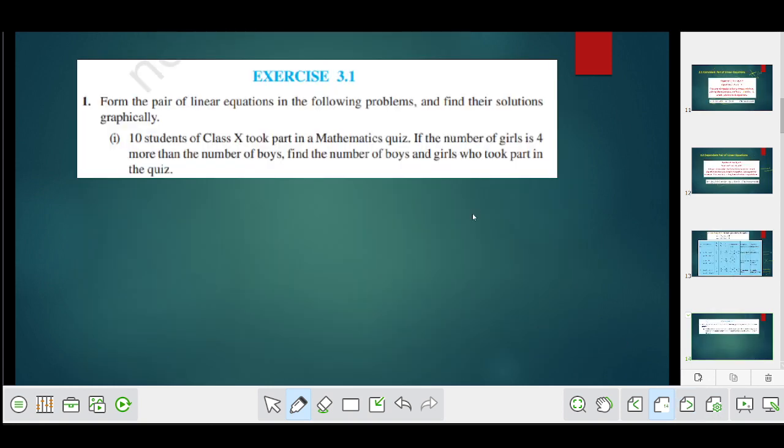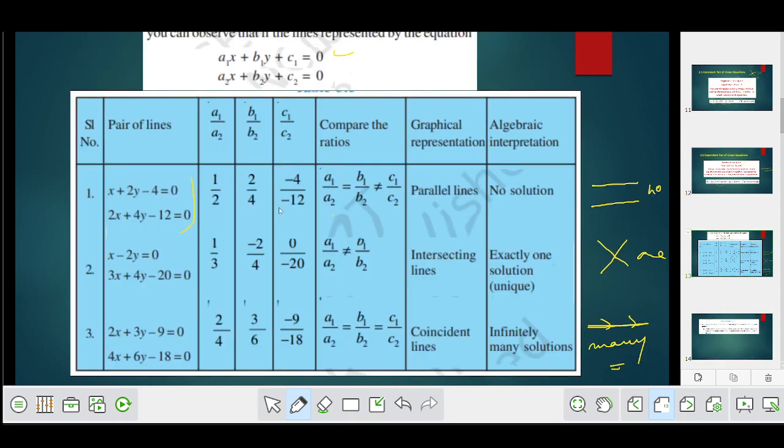Now we should solve the first exercise as we have promised. Okay. Now we should recap the formulas in mind: a1 upon a2, b1 upon b2, and c1 upon c2.